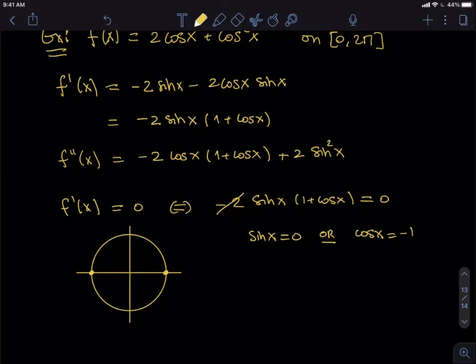So that means x equals 0 plus or minus pi, plus or minus 2 pi, and so on. Every half a turn or full turn. Okay. And then the cosine of x, so that would be the sine equals 0.